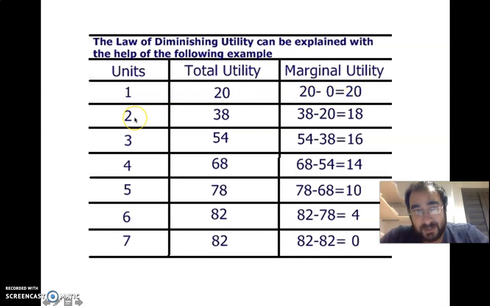The marginal utility of the second bottle of coffee is 38 minus 20, the utility the second bottle brings. The marginal utility of the third bottle is 54 minus 38. This is the marginal utility the third bottle brings. So this is pretty much how we calculate the marginal utility. I think it's very straightforward.